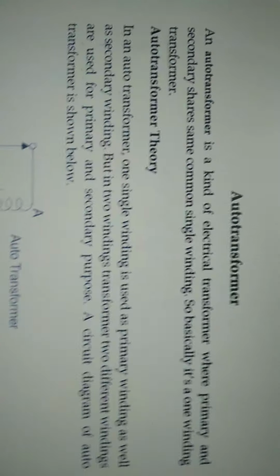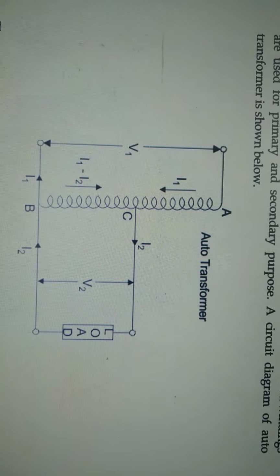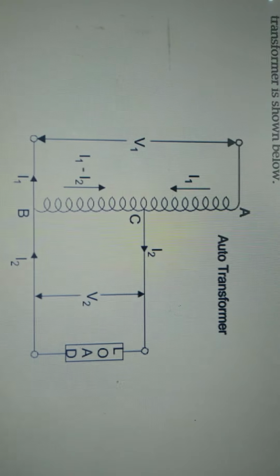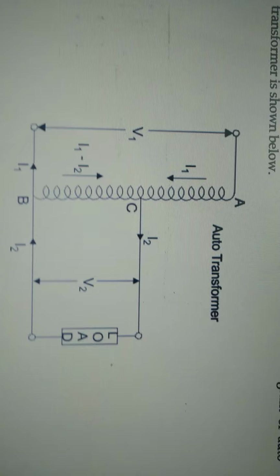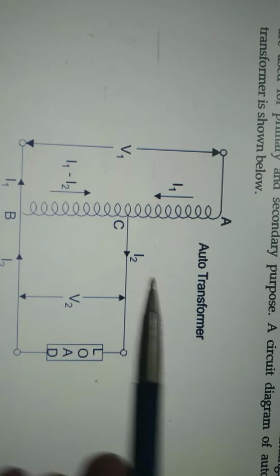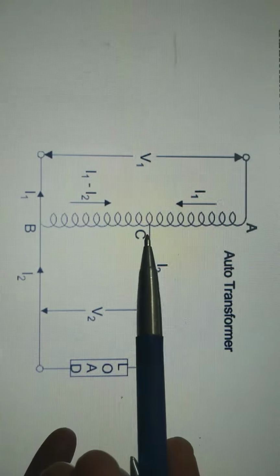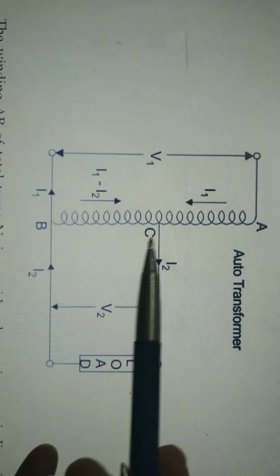You can observe the auto transformer in the diagram. Look at this. This is the auto transformer connection. From A to C is the primary winding and B to C is the secondary winding.